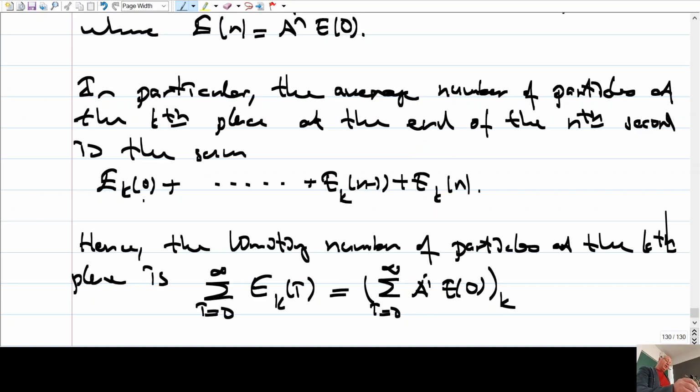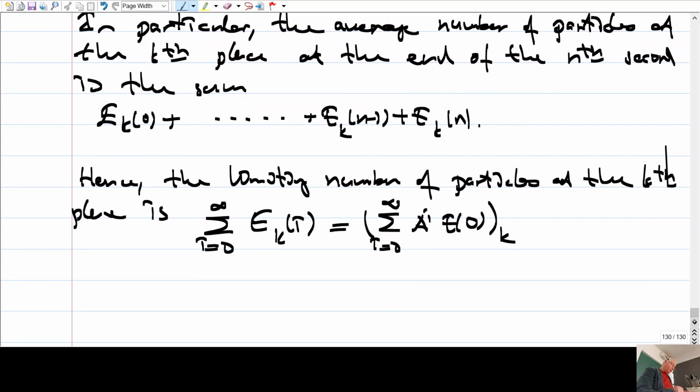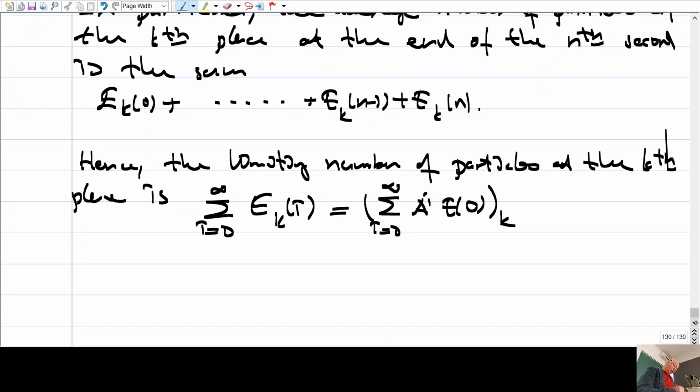So I am just summing Ek0, Ek1, Ek2, Ek3 up to infinity. That's the limiting number of particles.